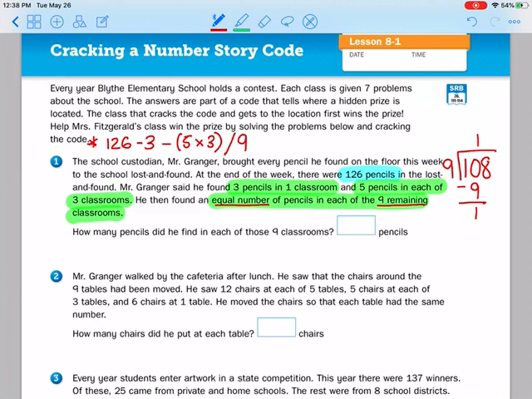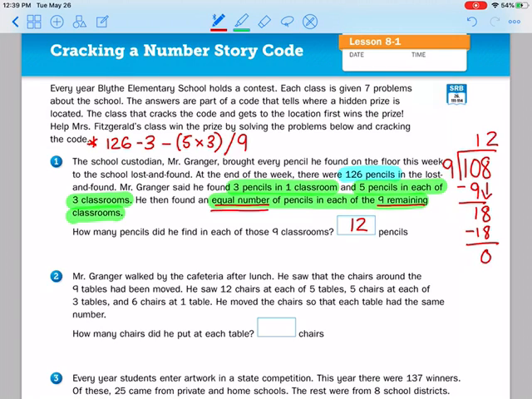I'm left with 10 minus 9 is 1, and I'm going to bring down that 8, and I know that 9 can go into 18 2 times because 9 times 2 is 18. And I have no remainder, which I know I shouldn't because it says equal number of pencils. So how many pencils did he find in each of those 9 classrooms? He found 12 pencils in each of those 9 classrooms.